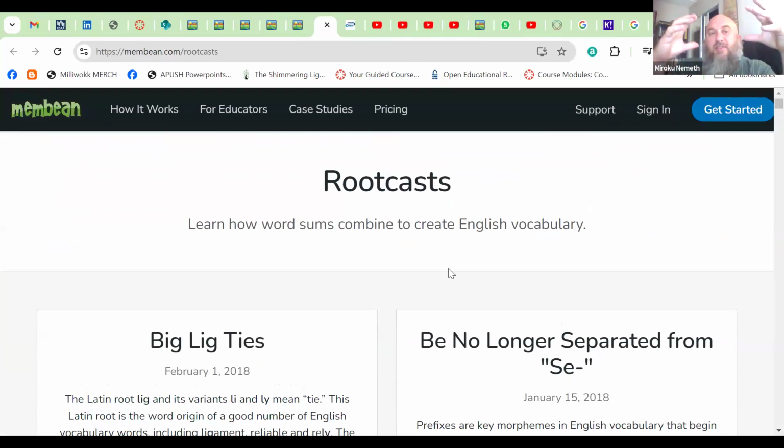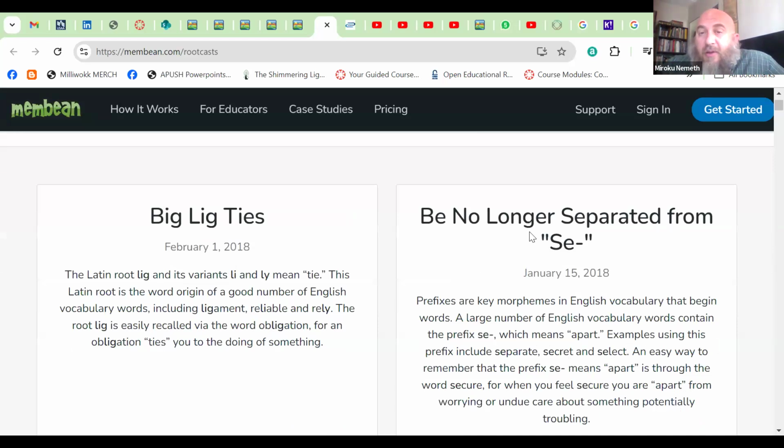It used to have a really nice display, but I think they make you pay now, where they had word trees, and they literally had these images of trees and then clickable word roots, morphology, and they would break down words according to the roots and their history, which is etymology.